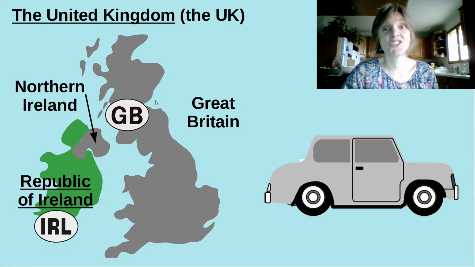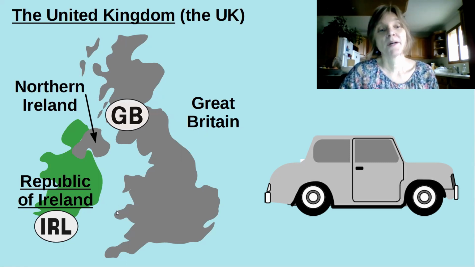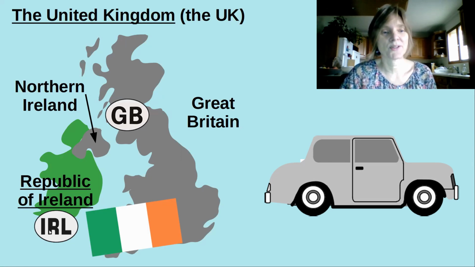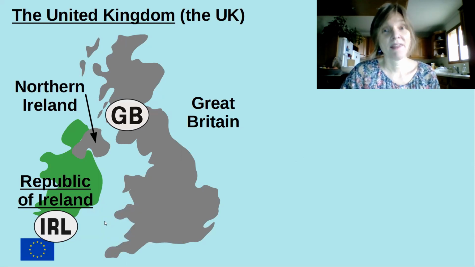If you see GB on a car, the car could come from Great Britain or Northern Ireland. But the people from the Republic of Ireland put IRL on their cars, and they are still in the European Union.